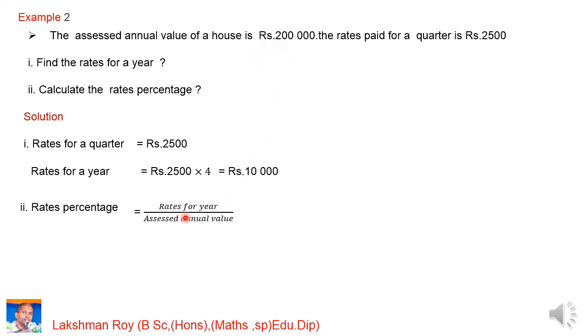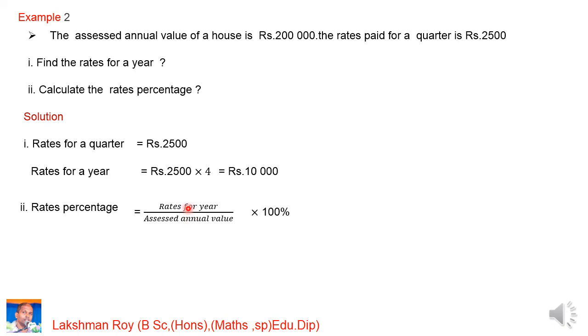Let's see, rate percentage. You need these two. This is a fraction, right? Annual assessed value. For this annual assessed value, you should pay rates, right? So if you pay this amount as rates for this amount of assessed value, then you can multiply by 100% to make that a percentage, right?